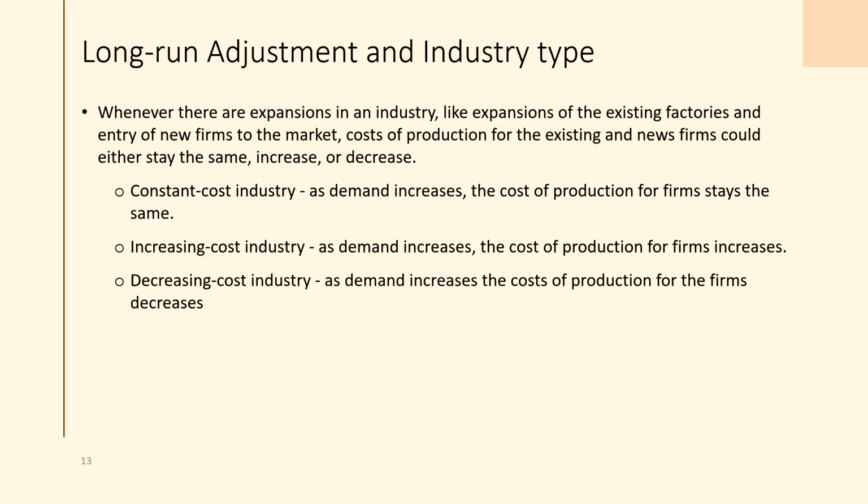Based on how costs respond to expansion, we classify industries into three types: constant cost industries, increasing cost industries, and decreasing cost industries. Understanding these differences is very important because it determines how the long-run supply curve behaves.